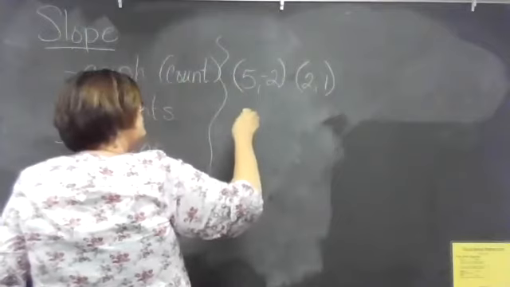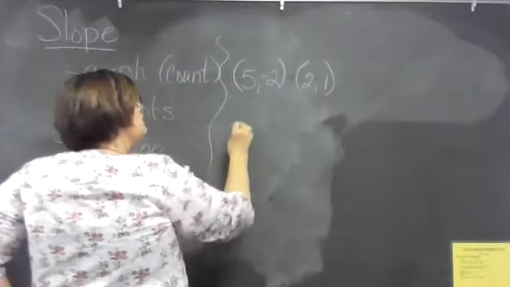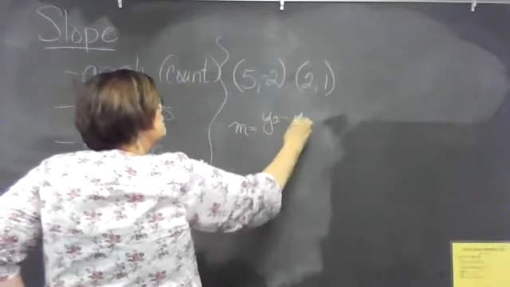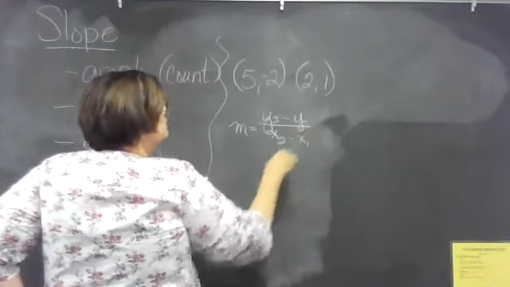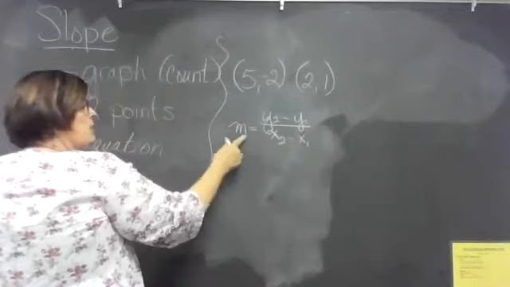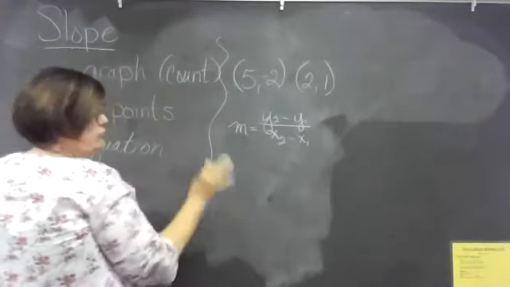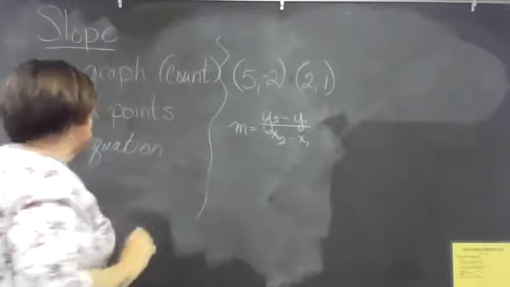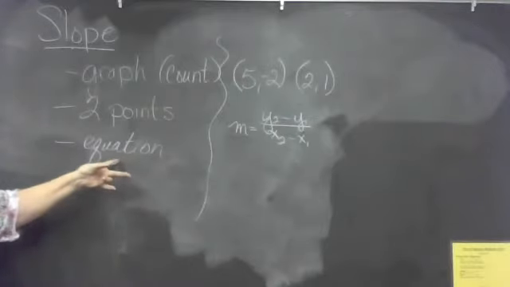Okay, and so we found out that we have a formula that we can use to find the slope. M is going to be referring to slope all the way through this section. So if you see M, that means slope, and that will come into play here when we talk about the equation today. All right.